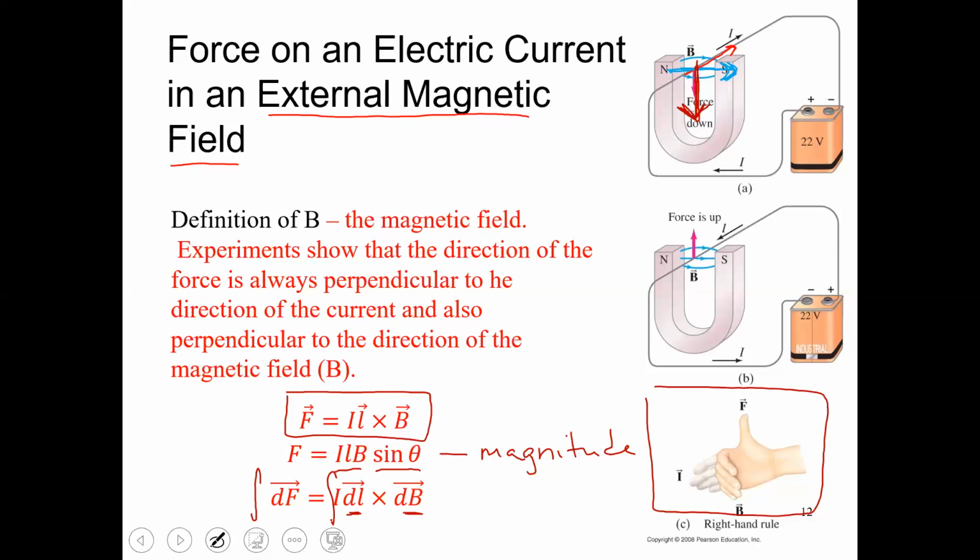We can also use that in a second case, where the wire is not straight, right? And so the angle between our magnetic field and our wire changes over the length of the wire. So two cases where that could be useful: magnetic field not uniform, or the wire is not straight. And that's just a more general expression for the force our electric current is feeling in an external magnetic field.